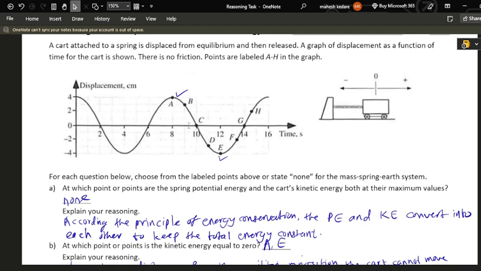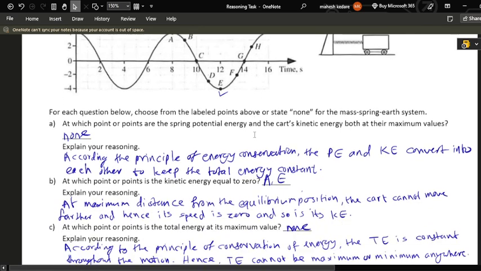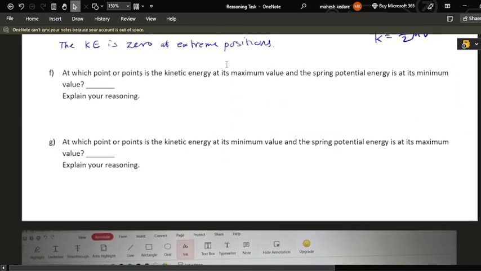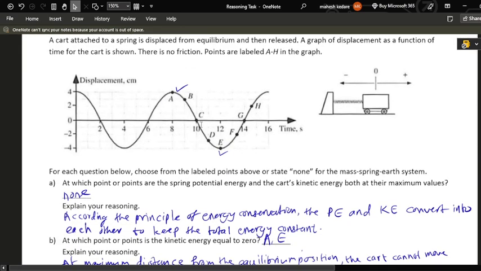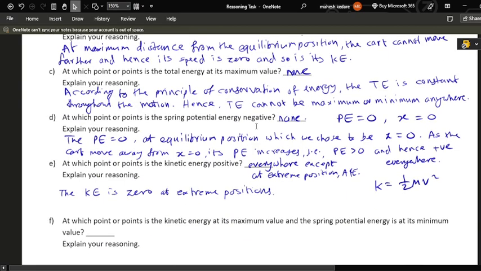So all the points at which the curve intersects the time axis represent the equilibrium position. Kinetic energy will be maximum at the positions C and G, and correspondingly the potential energy will be minimum. Points C and G.